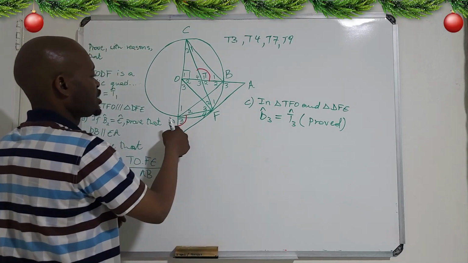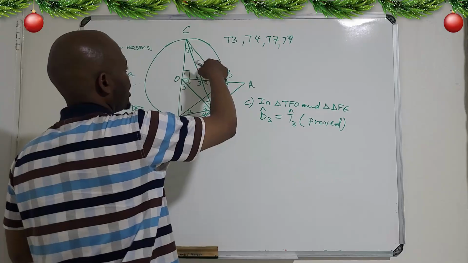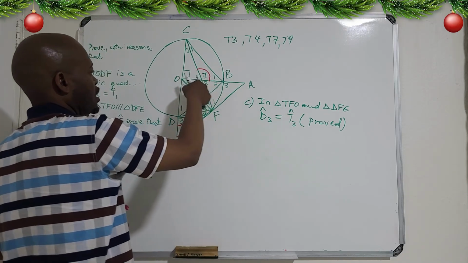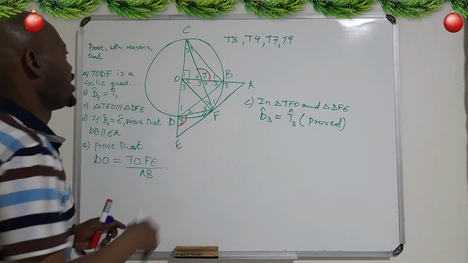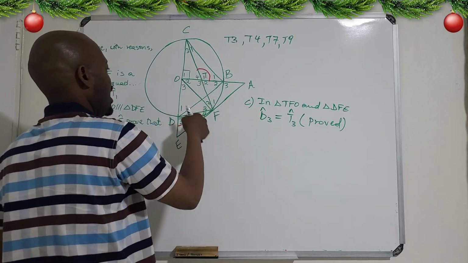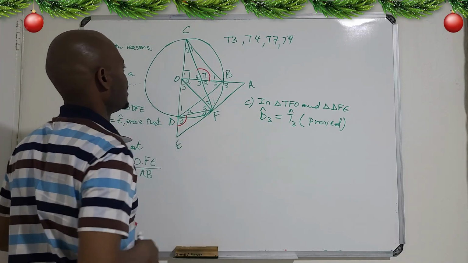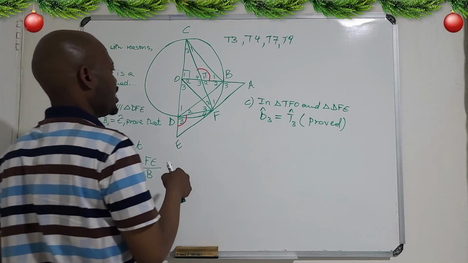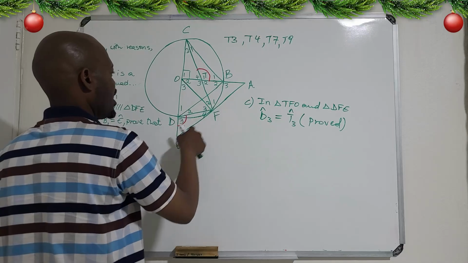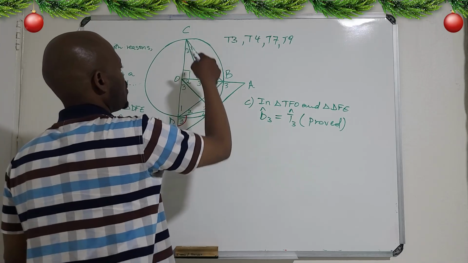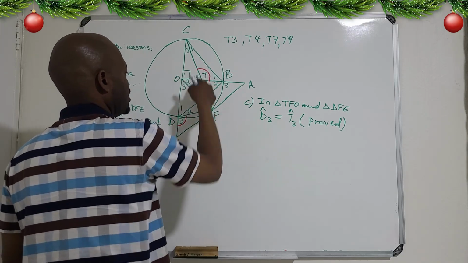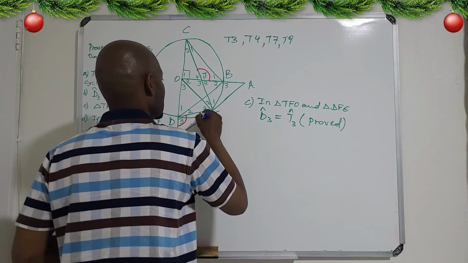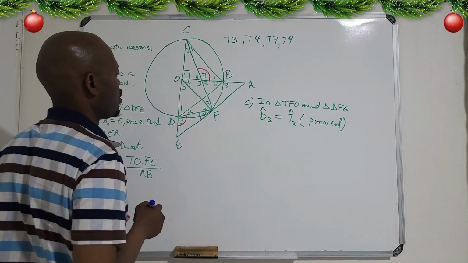Now, this is the angle which is equal to this angle there in this triangle and this triangle. Now, for us to get another angle in this triangle which is equal to an angle in this triangle, we can look at this one here, which is F4.